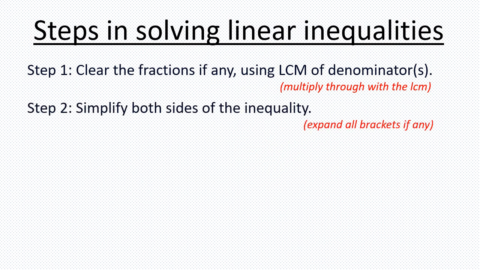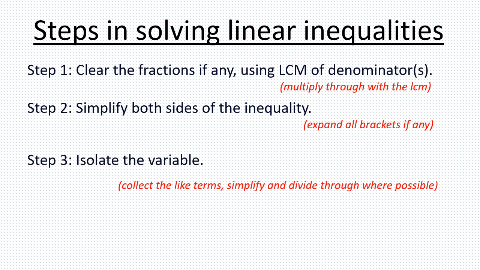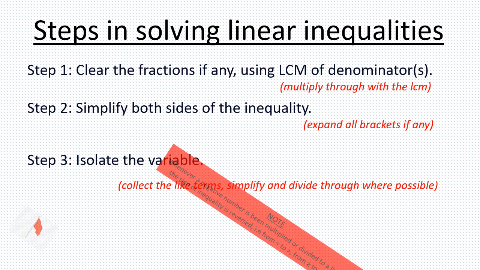We simplify both sides of the inequality, even if it involves expanding all brackets if there exists any. Lastly, we isolate the variable, that is, we collect like terms where possible, simplify, and divide through where possible.